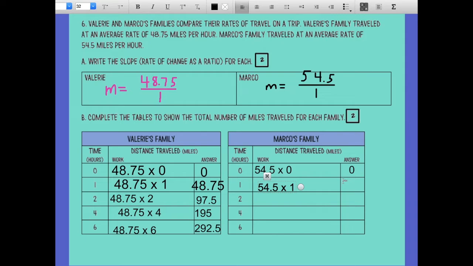And then the rest, we're going to multiply by that input, and so on. And the last one is times 6. $327.